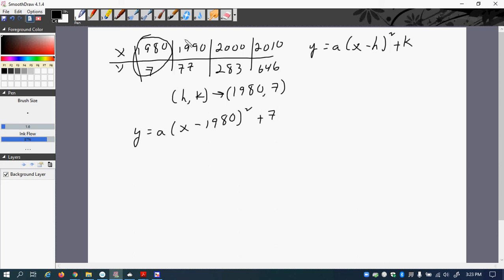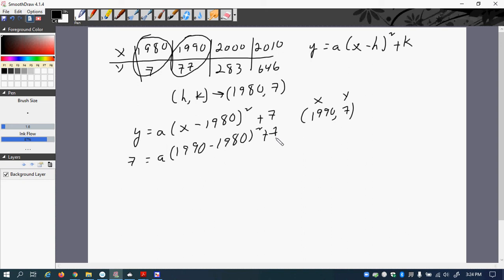That's where I can pick a second point. So I'm going to pick this point, 1990, comma 7. So this will be my x and this will be my y. So I have 7 equals a times (1990 minus 1980) squared plus 7.